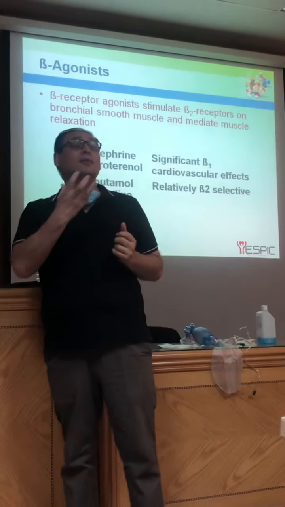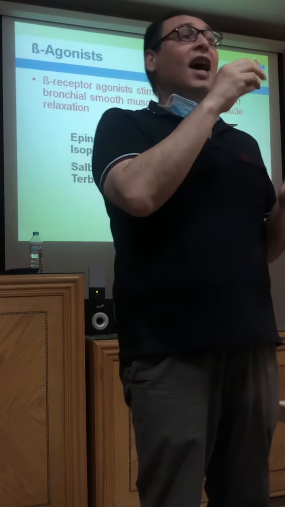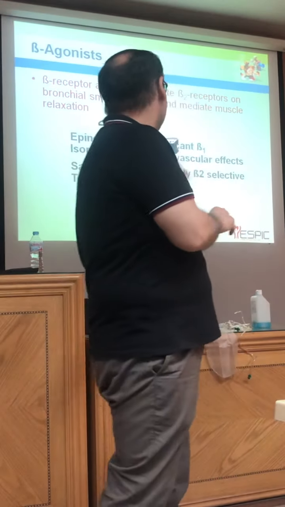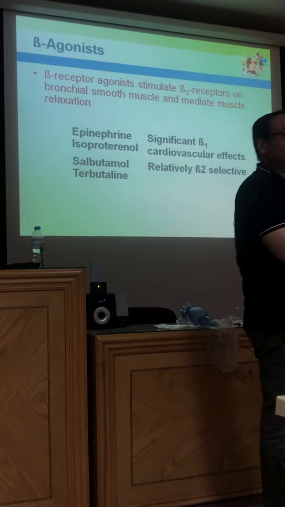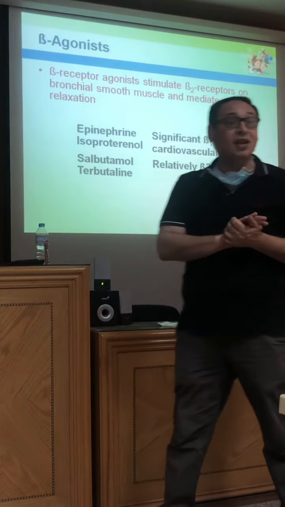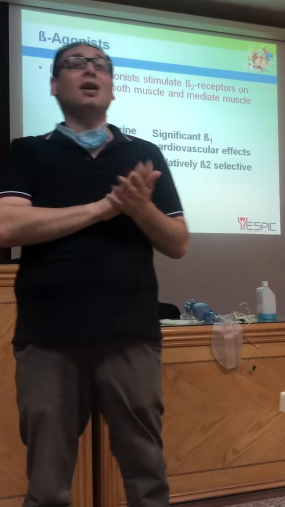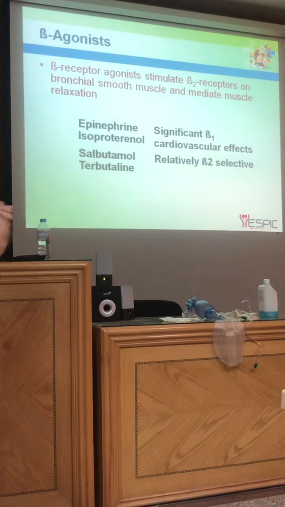With nebulization, we can put the nebulizer on the patient's mouth and nose and give drugs like salbutamol, epinephrine, Atrovent, and so on. All of these drugs stimulate the beta-2 receptor, producing bronchial muscle relaxation and bronchodilation.